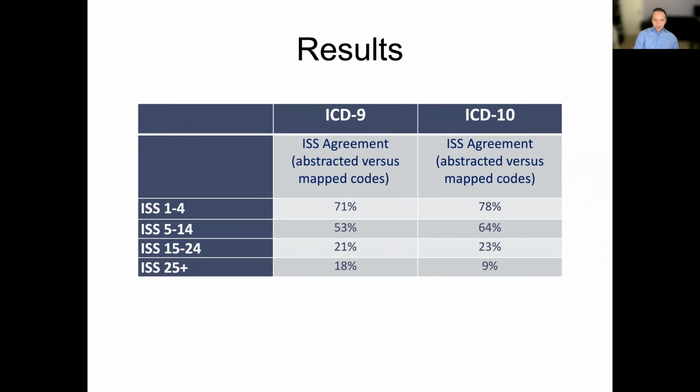This is probably for a few different reasons, but it's important to know that when you're applying and using this tool, for example, if you're looking at just very severely injured patients, you have to take into consideration the validity and reliability of this tool, because it doesn't perform as well for the most severely injured patients if you're looking for an ISS agreement.